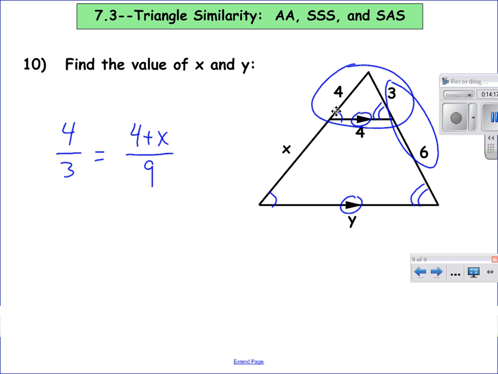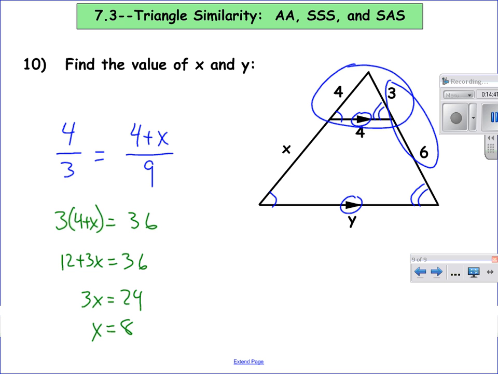That's going to allow us to solve for x. So 3 times 4 is 12, and 4 times 9 equals 36 going the other way. 12 plus 3x equals 36, and 3x equals 24. And x equals 8.